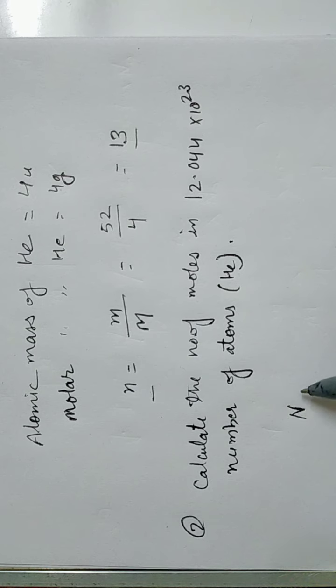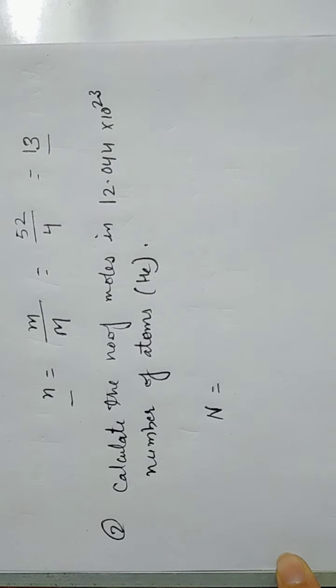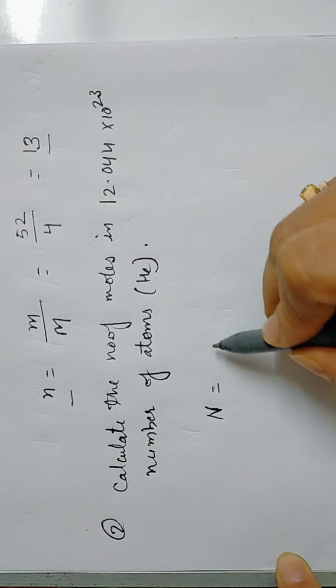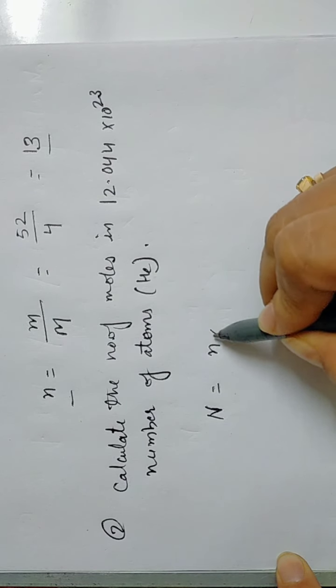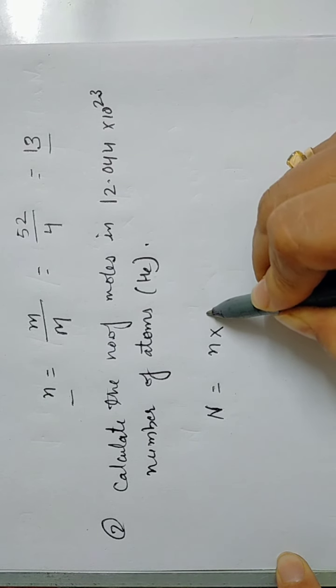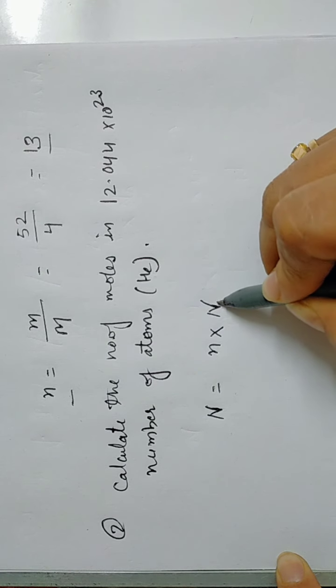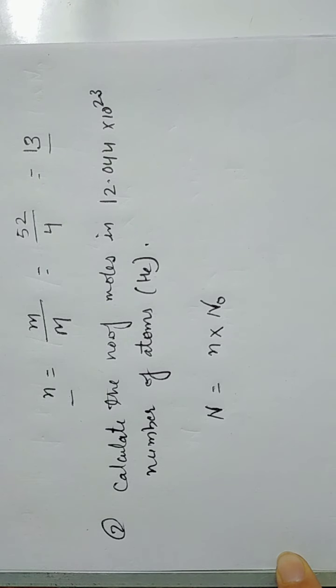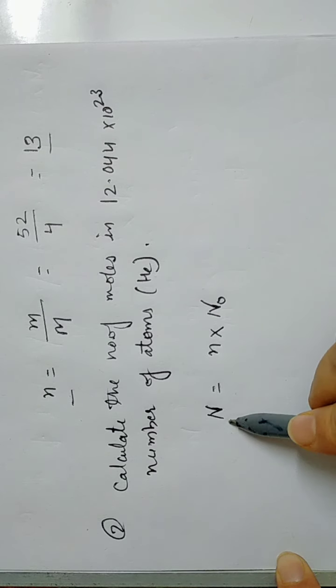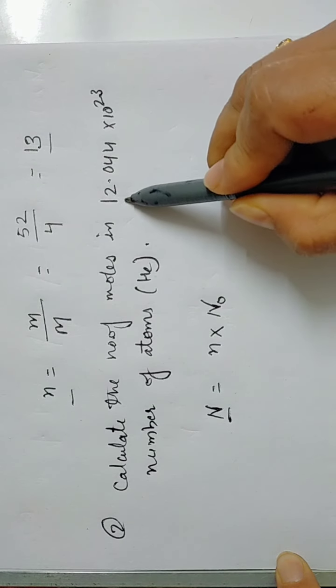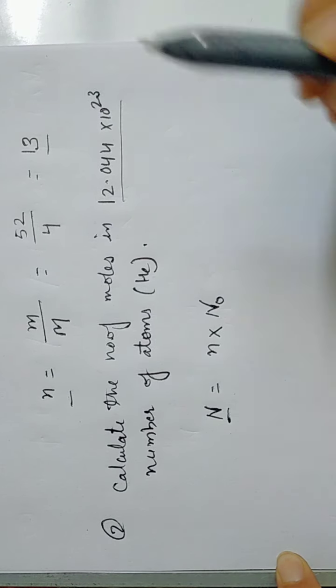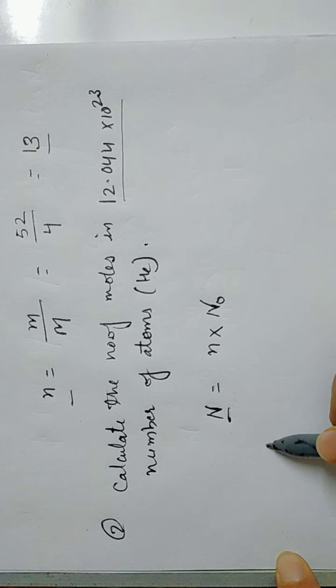Number of particles or atoms is equal to the number of moles multiplied by Avogadro number. Now look at the question. Which values do we already have? These are the number of atoms. Definitely we have the value of the number of atoms. So put the value here.